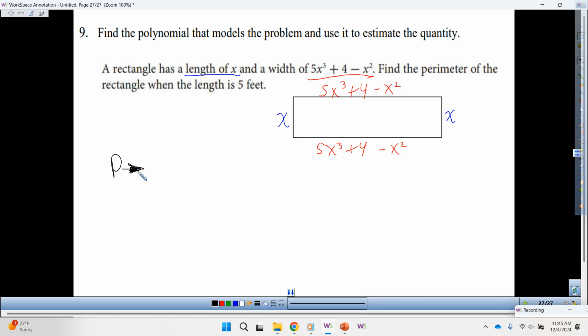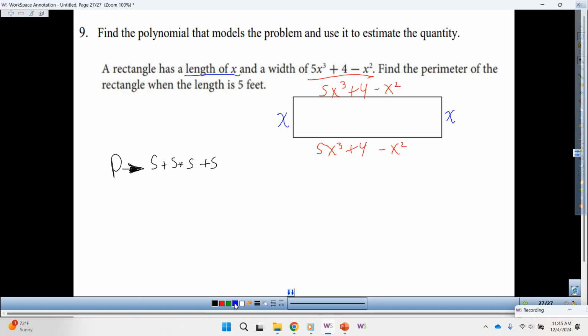If I gave you a triangle, how do I find the perimeter? If I gave you a pentagon, a hexagon, an octagon, how do we find the perimeter of any figure? Add all sides. That is correct. How many sides do we have on this one? 4. So side plus side plus side plus side.